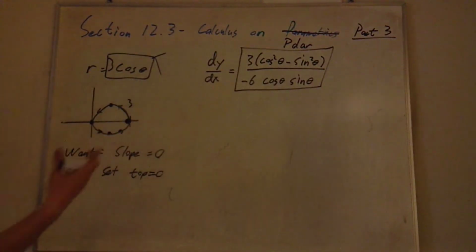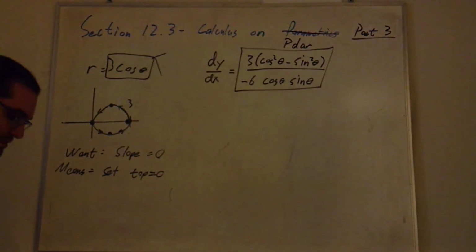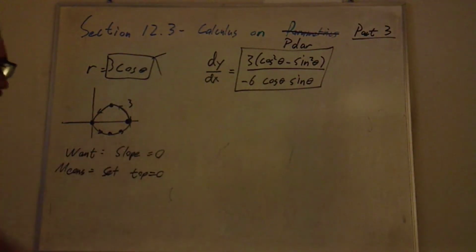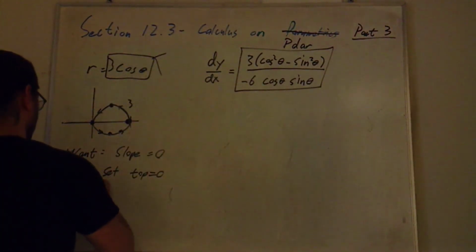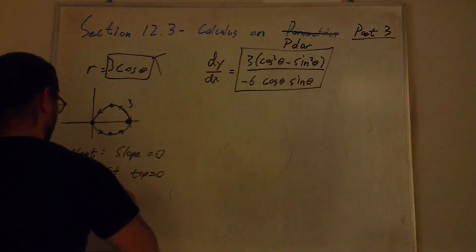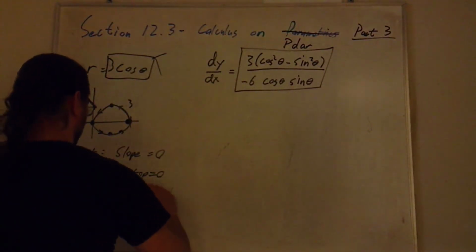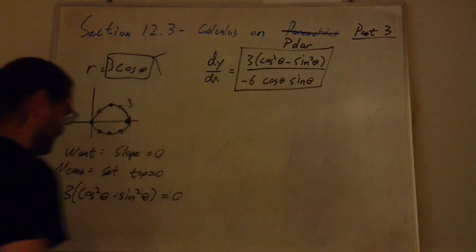If you want a fraction to be 0, you just set the numerator equal to 0. So I'm going to set the numerator equal to 0. That means 3 cosine squared theta minus sine squared theta equals 0.